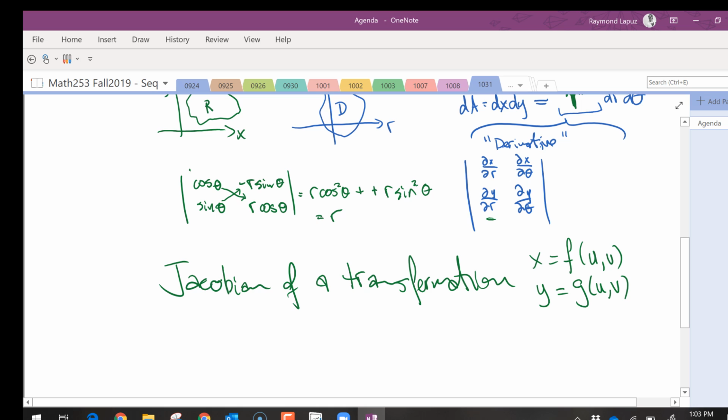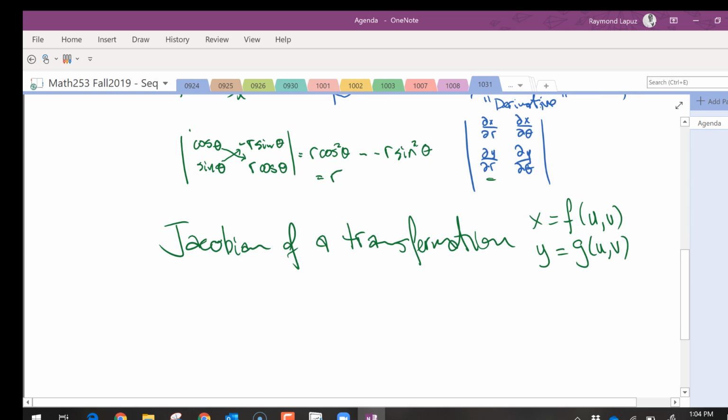So assuming that x and y are functions of u and v, then we do this transformation. It became positive because we're subtracting a negative.